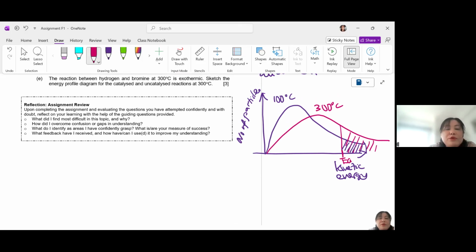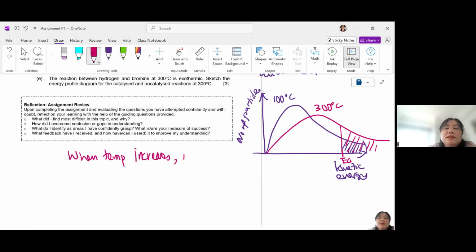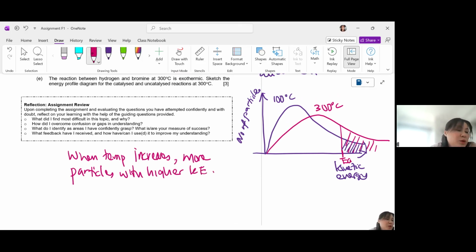So when temperature increases, we are expecting that there are more particles with higher kinetic energy. All right, so the area under the graph represents the number of particles with E greater than or equal to EA.